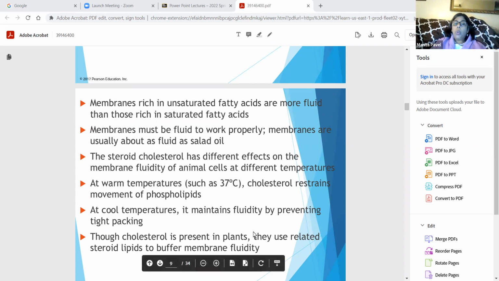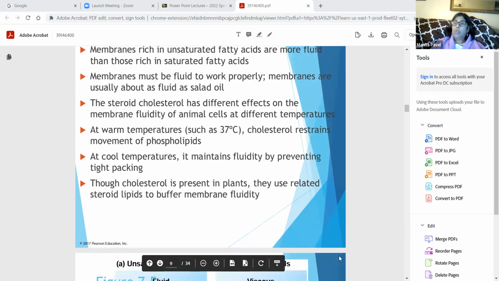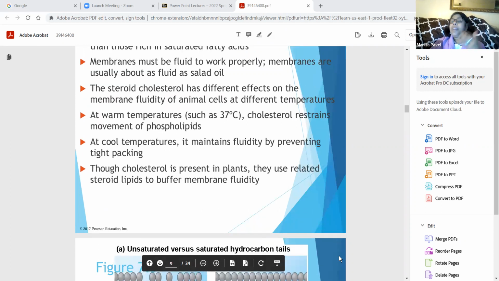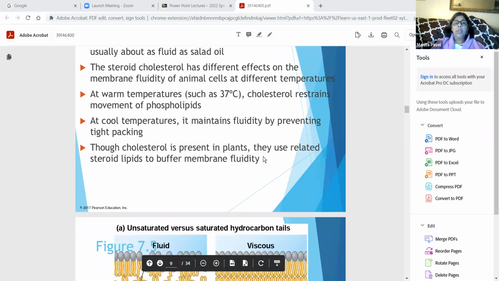Though we never associate cholesterol with plants, it is present there; plants usually have related steroid lipids to buffer the membrane fluidity.